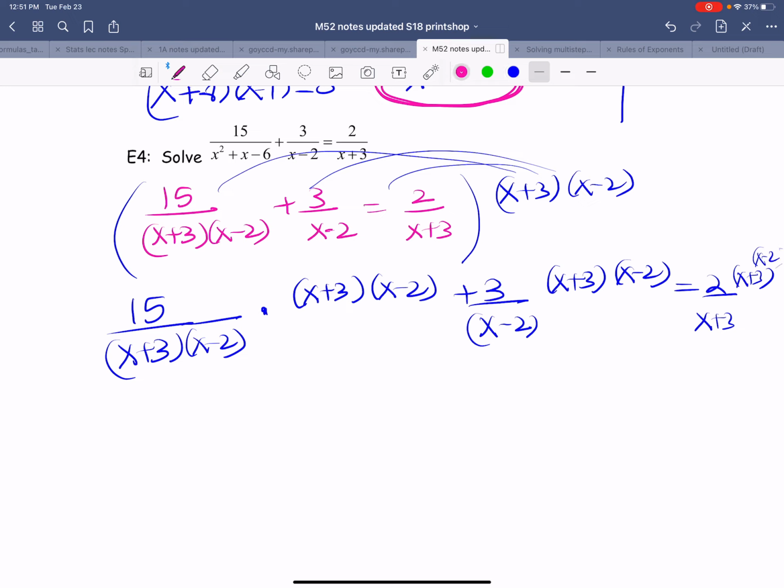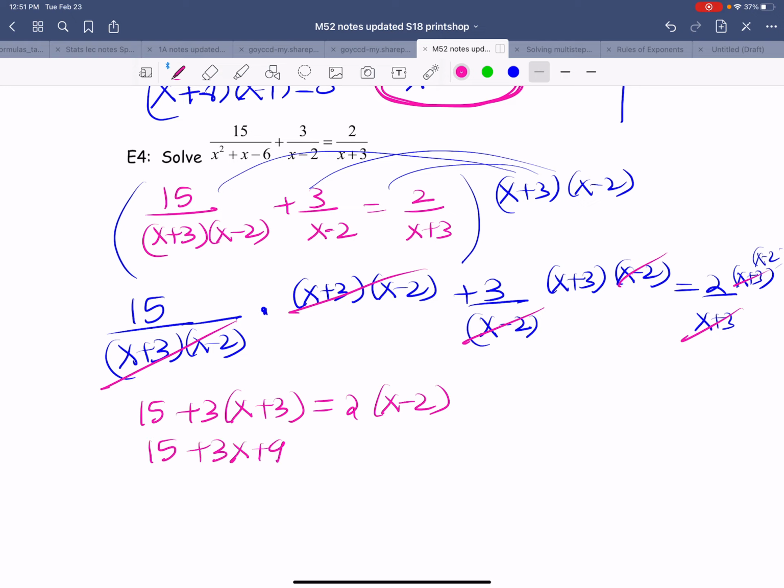All right, let's cancel out the common factors between numerator and denominators, and it looks like we are left with 15 plus 3 times x plus 3 equals 2 times x minus 2. All right, 15 plus 3x plus 9 when we distribute equals 2x minus 4.